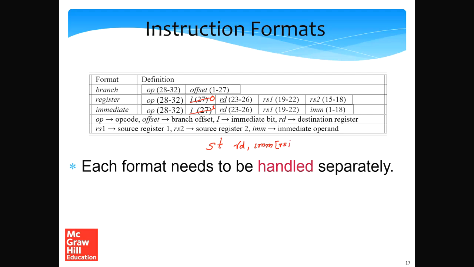So store did not have an rs2 source register field, and the rd is pretty much a source. It's not a destination. So we're reading the contents of register rd and saving it in memory, right? So the store instruction has two register sources, which are rd and rs1.